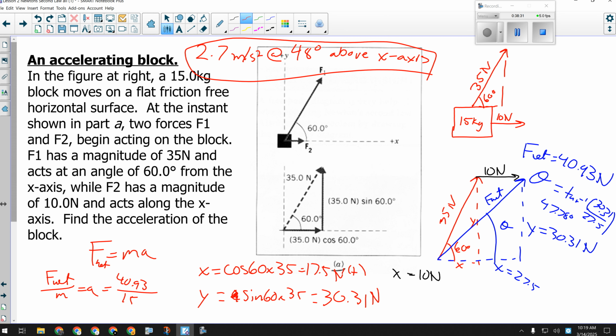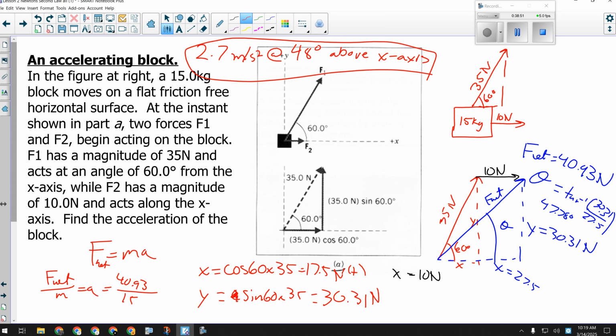Did I say earlier, acceleration and net force always have the same vector. So once you find it for one, you have it for the other. Okay? Questions on that one? Okay.